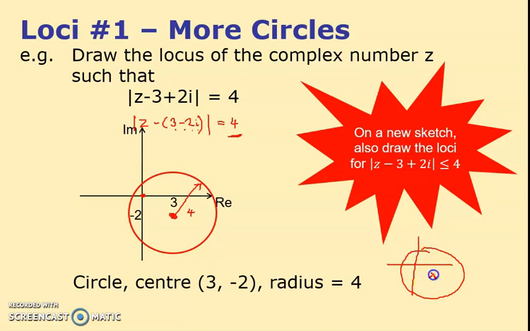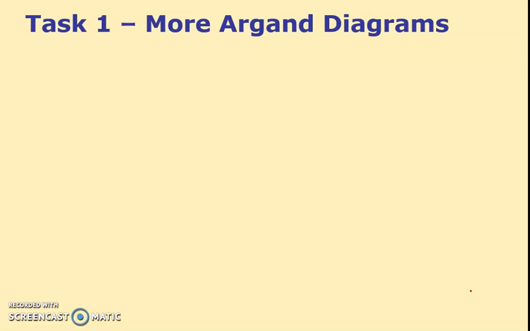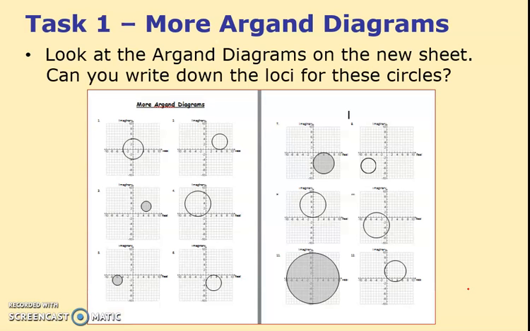Let's make it look as if it was in the right place. So that's 3 across, that's 2 down, and it says it's less than or equal to 4. Well, the fact is that equal means I can draw a solid line, which I have, and I just shade inside the circle, because the distance from this centre has got to be less than 4. And this is what you're meant to draw. You're meant to probably label the imaginary and real parts on your axes, but that's what the picture's got to be. More Argand diagrams. Let's look at another one.